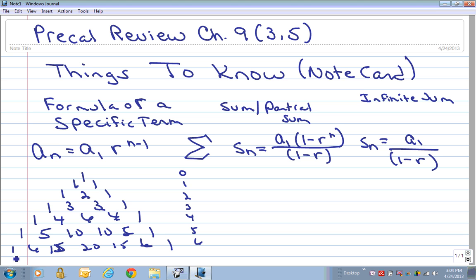So this term right here would be your 0 term, your first, your second, your third, your fourth, your fifth, and your sixth term. That's not the next row. Please make sure you know that that is the term number. So these are the row number, and this is your term number.